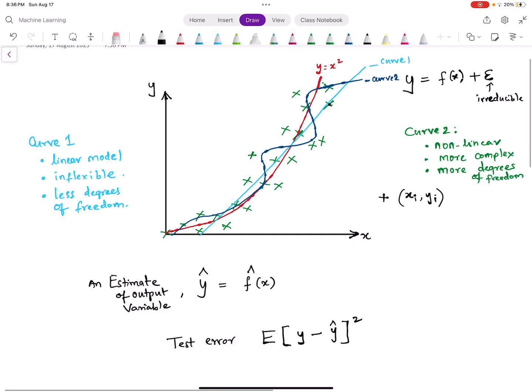In trying to judge the performance of these two competing models, we calculate the test error.